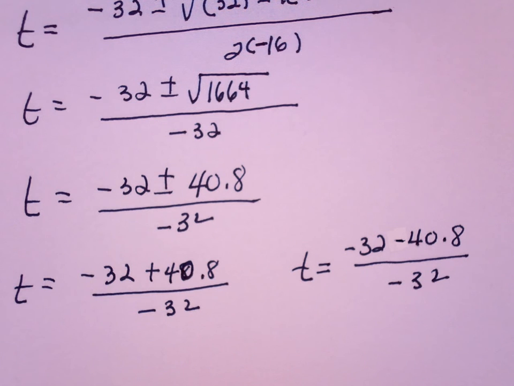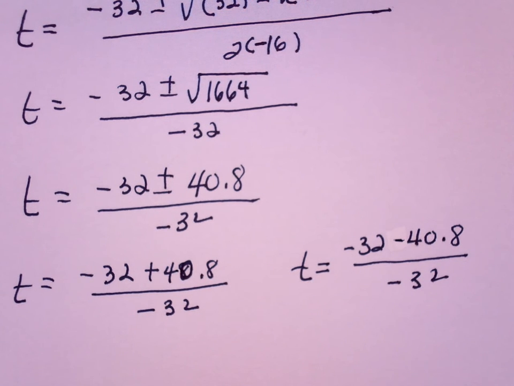I think it's 384. 32 squared minus 4 times negative 16 times negative 10. See, I knew something was wrong. And the reason why I knew something was wrong was the picture.